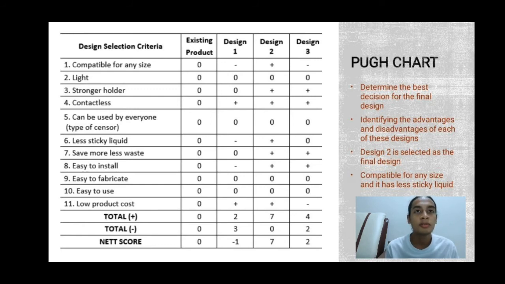This design also does not have a negative score, which means design 2 has no shortcomings compared with existing products. The advantages that are not in design 1 and design 3, but only in design 2, are that it is compatible with any size, and it has less sticky liquid. Thank you.